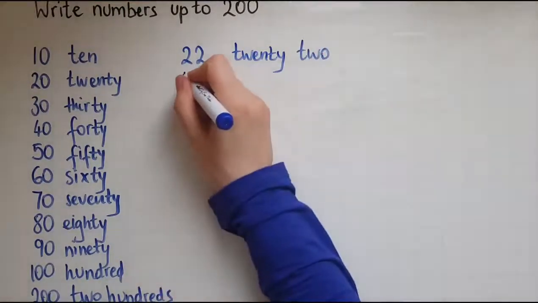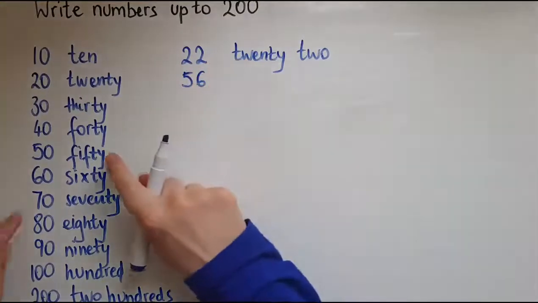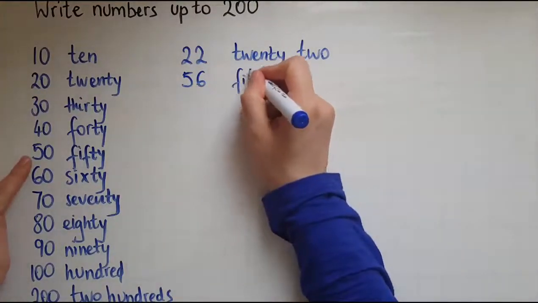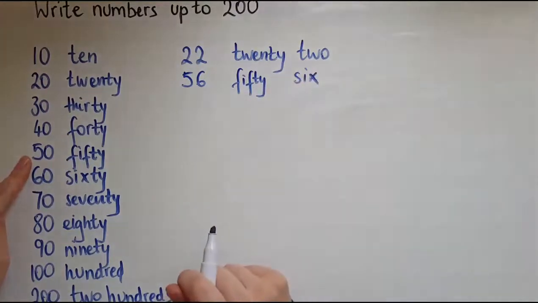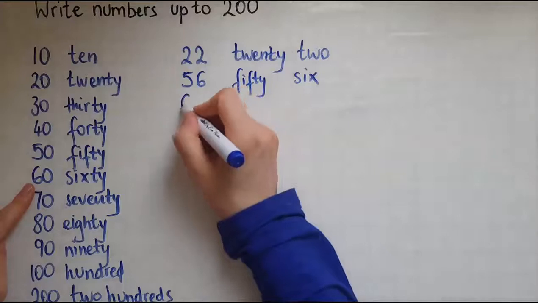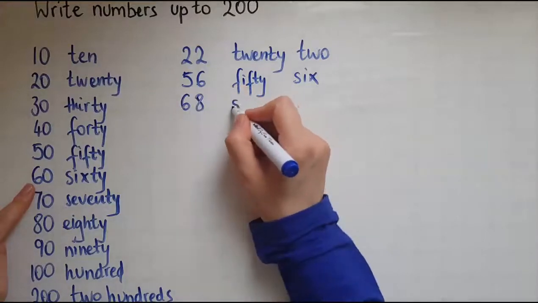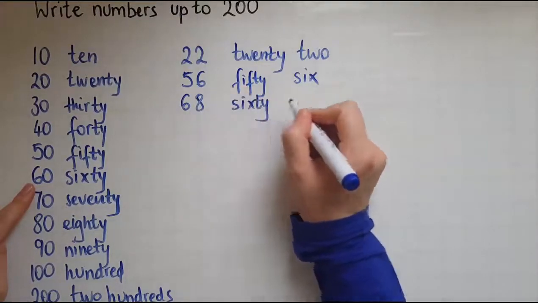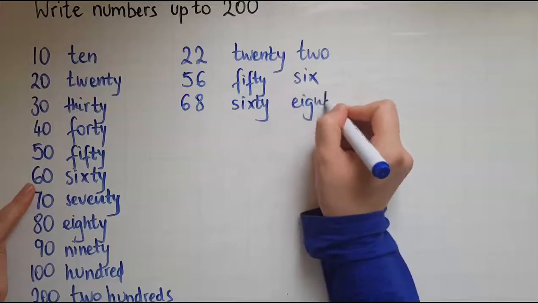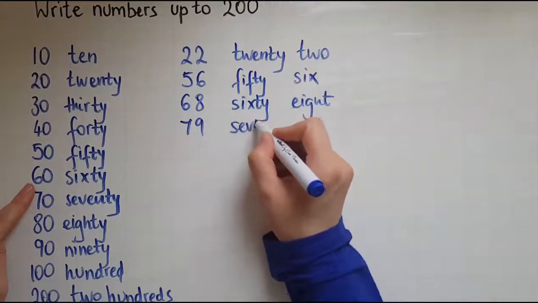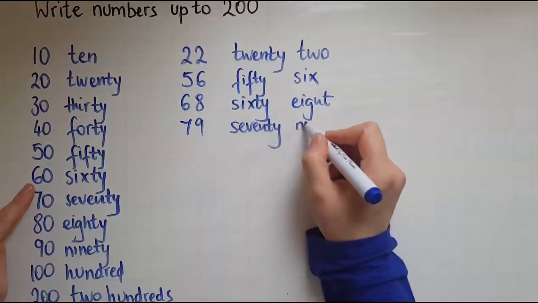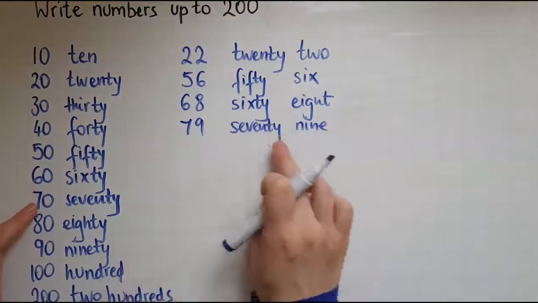If you want to write 56, so write the 50 and the 6. If you want to write 68, so 60, 8, 79, 70, and the 9.